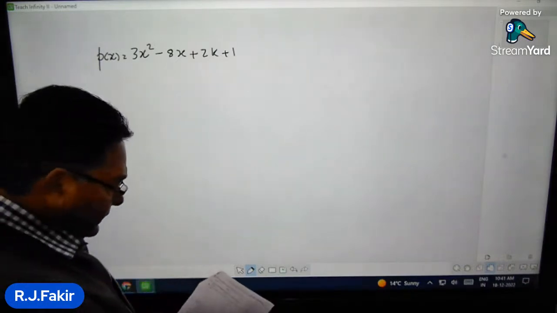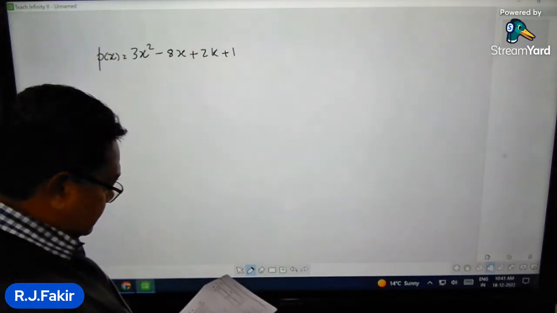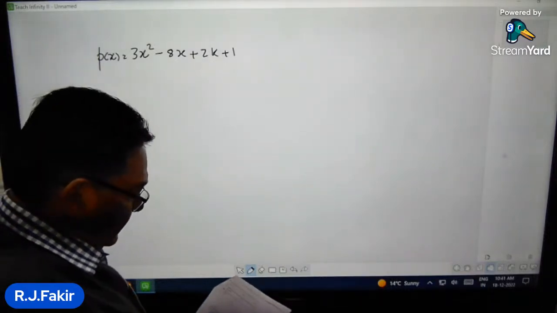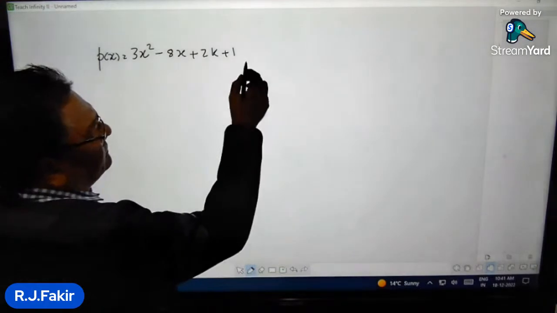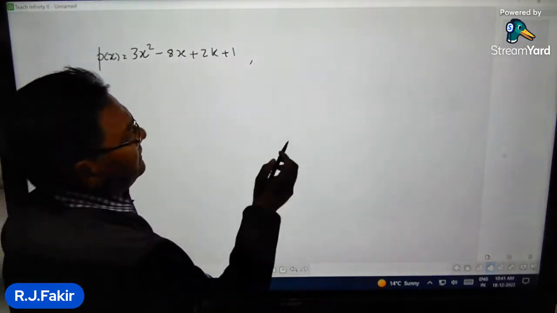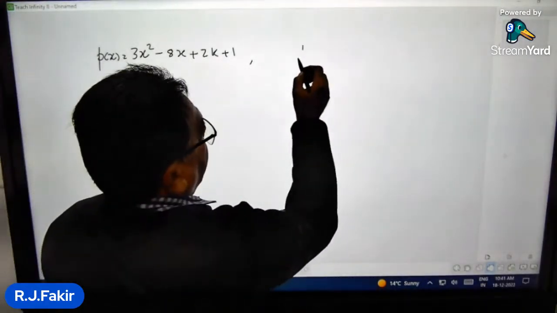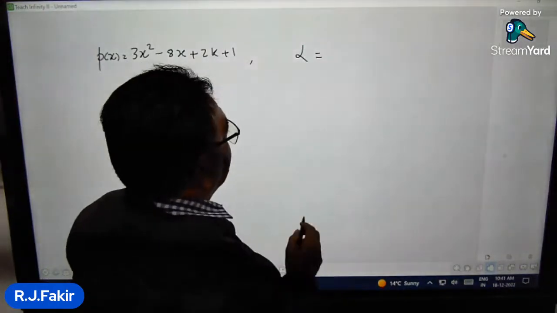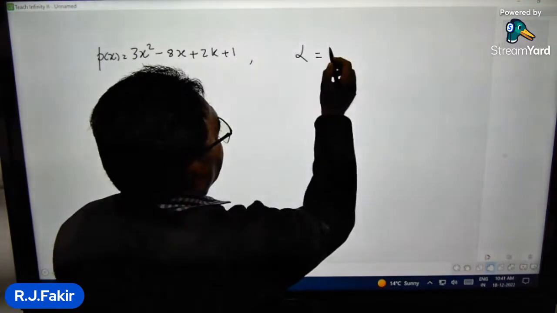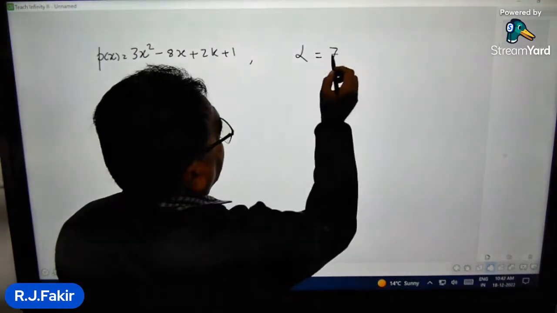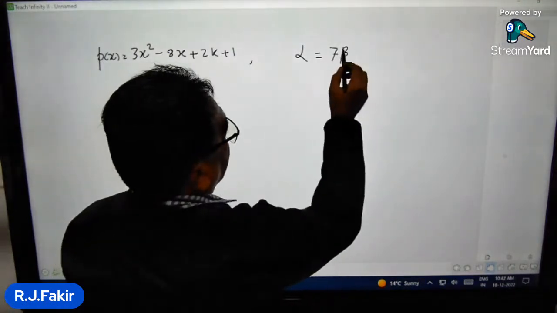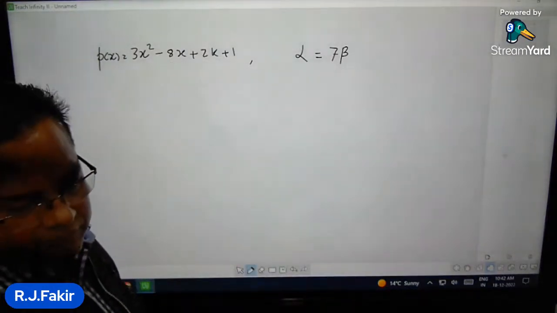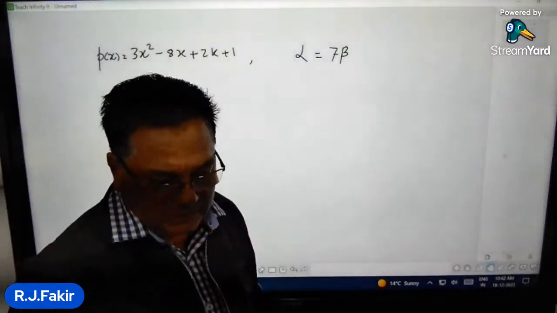And what is given to us is that one zero of this polynomial is 7 times the other. That means if I take one as alpha, then alpha can be 7 times beta. This is given to us. So this kind of question will be there for 2 marks.